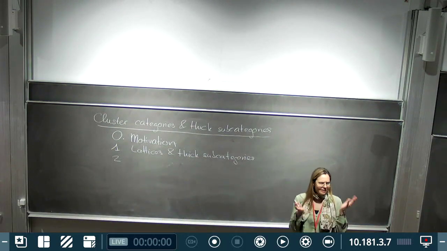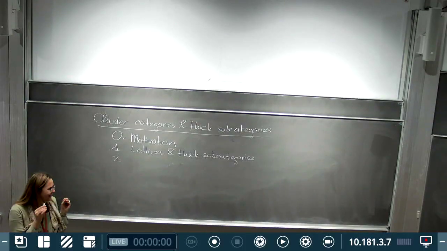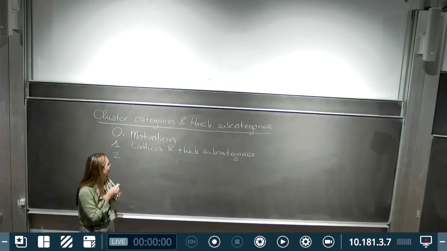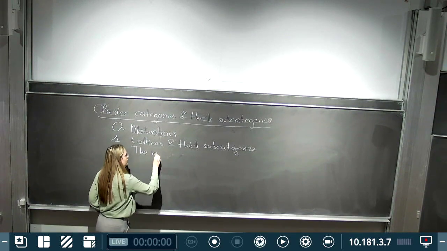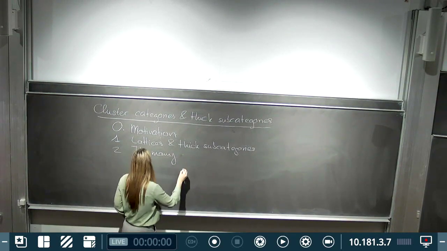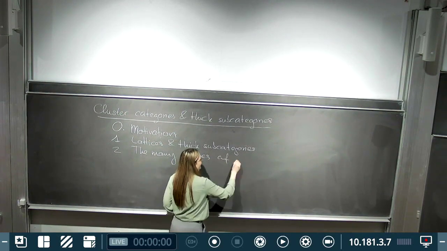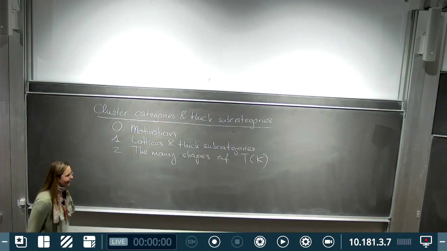Sometimes they're really nicely controlled by spaces. That's what we wanted to be the nicest possible thing. Sometimes they're absolutely not. So the many shapes, in the poetic title, of this lattice of 6 subcategories, which I'm just going to call T of K, whatever that means for now.